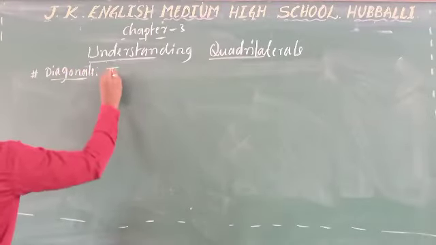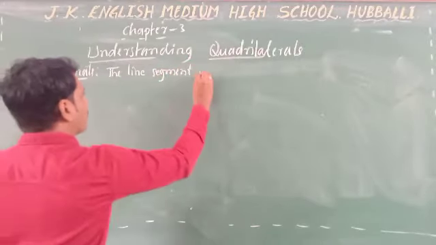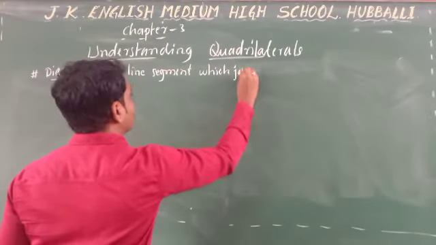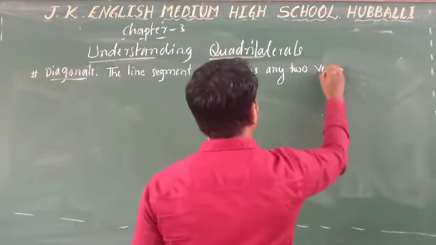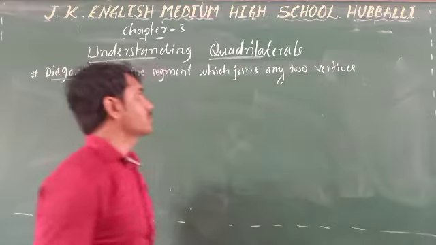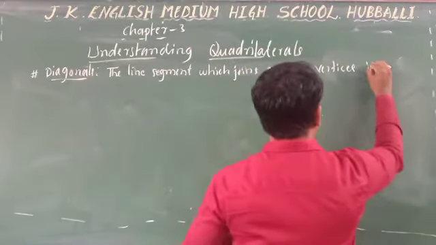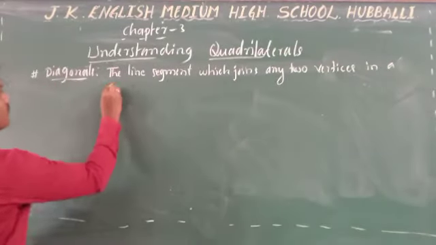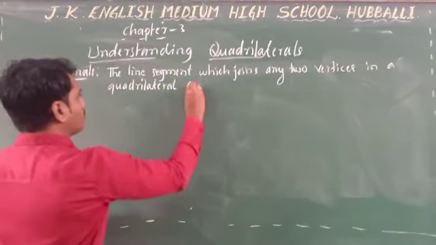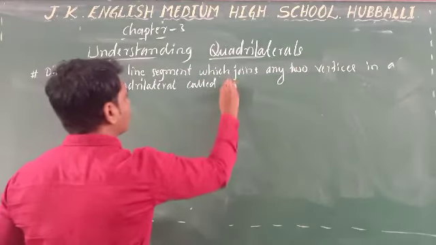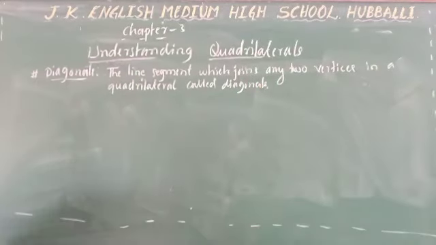Diagonal is the line segment which joins any two vertices in a quadrilateral, called diagonals. Correct?